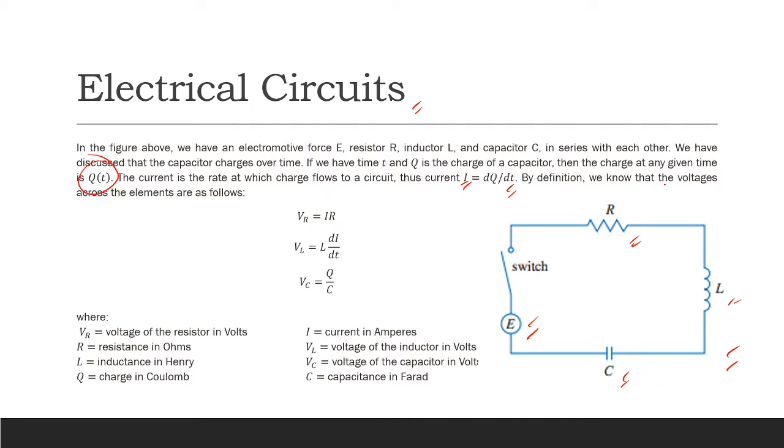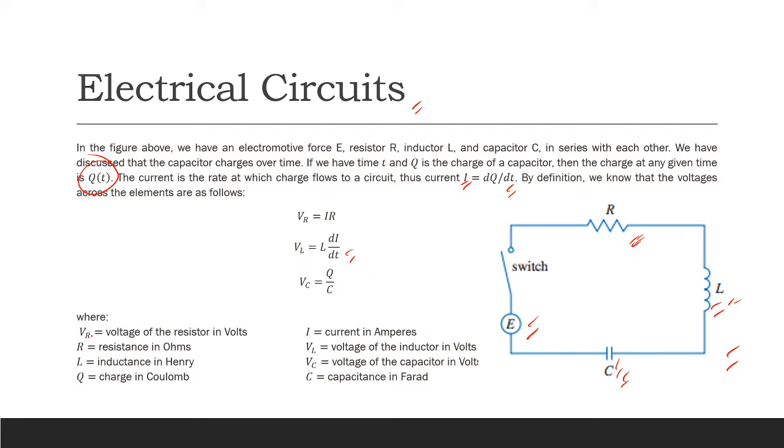So by definition, we know the voltages across the elements are as follows. So as defined, we have the voltage at R, that's IR, the voltage at the inductor, that is L di over dt. I think natakil natin to sa first order applications. Also, ito rin, VC is equal to Q over C, charge per coulomb.